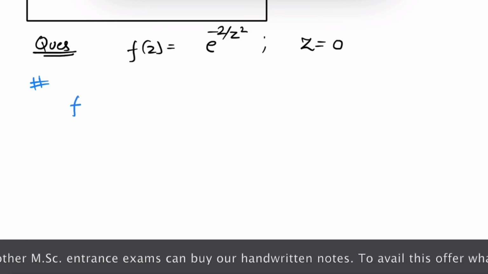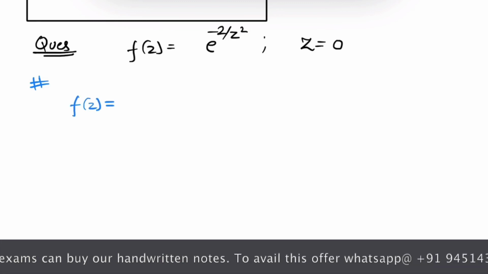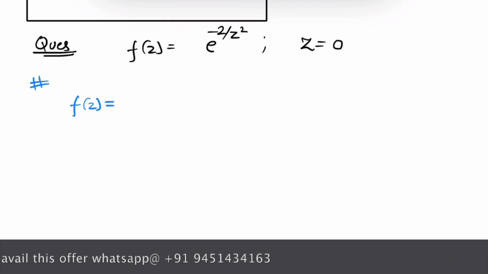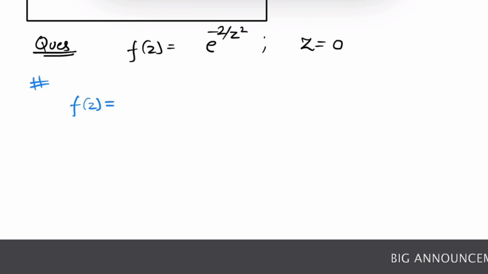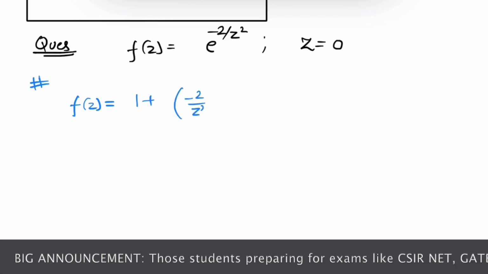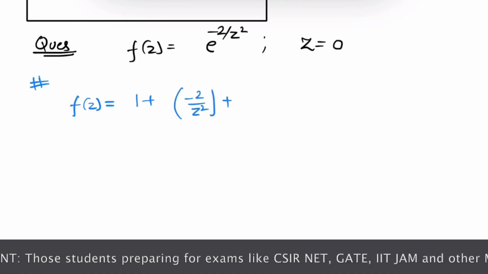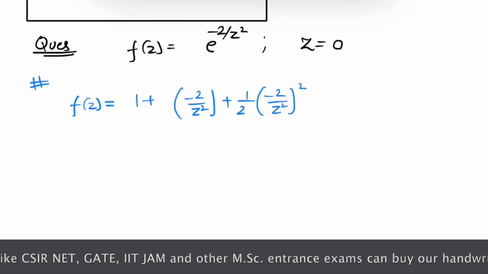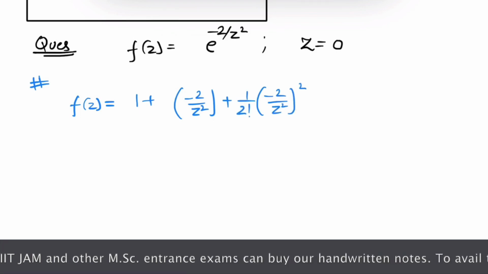So f of z equals e raised to power minus 2 over z square. We all know the expansion of e raised to power z. So using that we can write the expansion of e raised to power minus 2 over z square, right? So writing the expansion, 1 plus minus 2 over z square plus minus 2 over z square whole square over factorial 2 and so on.